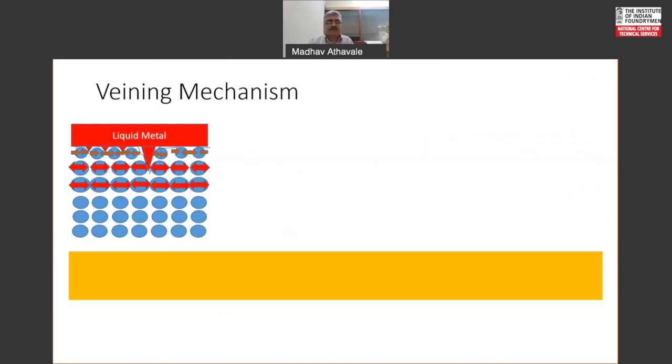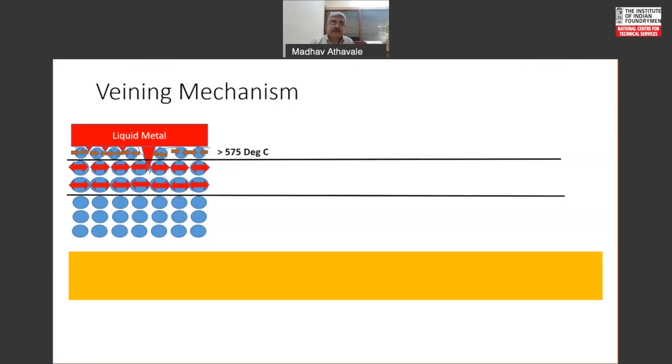And here is a schematic for that. When the liquid metal comes in contact with the mold or core surface, initially the first layer that we see here will expand. But as it crosses 575 degrees, it softens and starts shrinking. The layers which are around 575 degrees are expanding because of the crystallographic changes happening in silica sand.